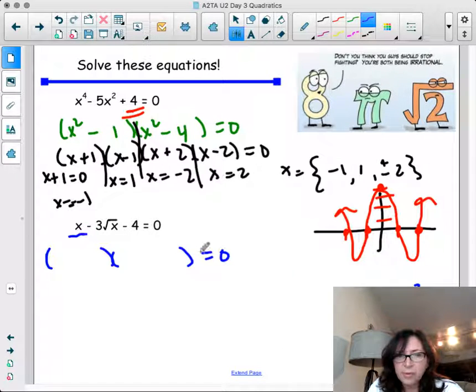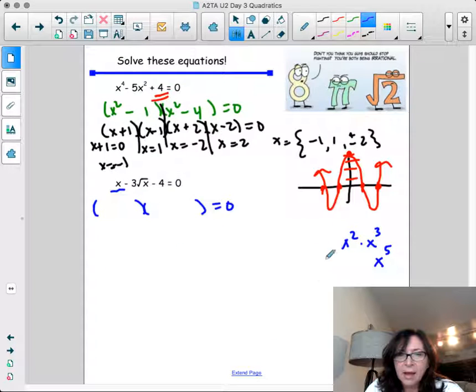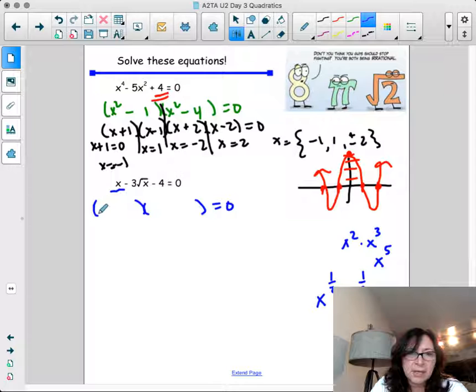Well, this goes for this problem too, in that I know that x to the 1/2 times x to the 1/2 is going to be x to the 1 power. And another way of writing x to the 1/2 is just the square root of x, okay? So this is actually the square root of x times the square root of x, which is x.